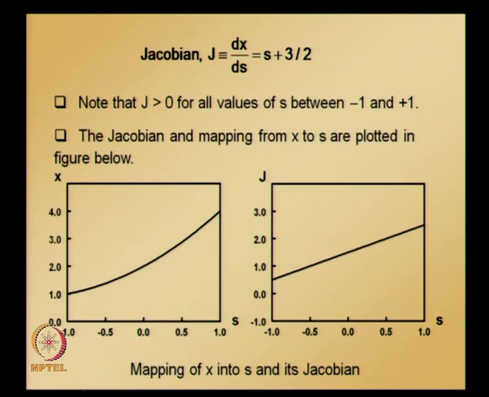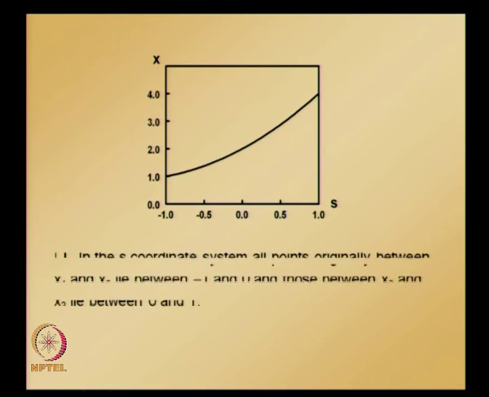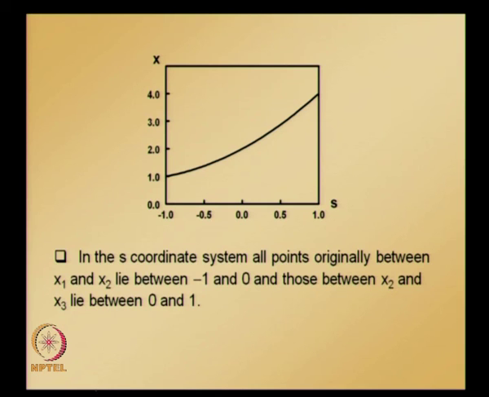Now let us take a special case, slightly modifying this element such that node 2, which is at location x equal to 2, is moved to x equal to 1.5, and see how the Jacobian and mapping look.